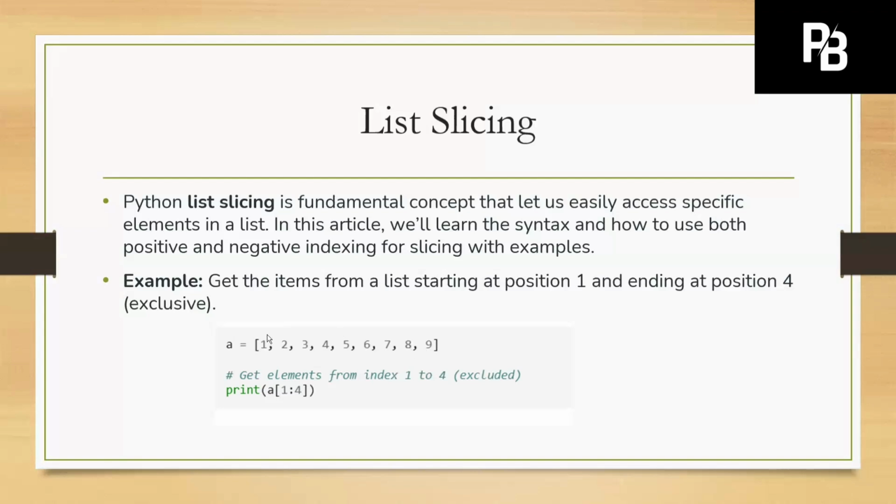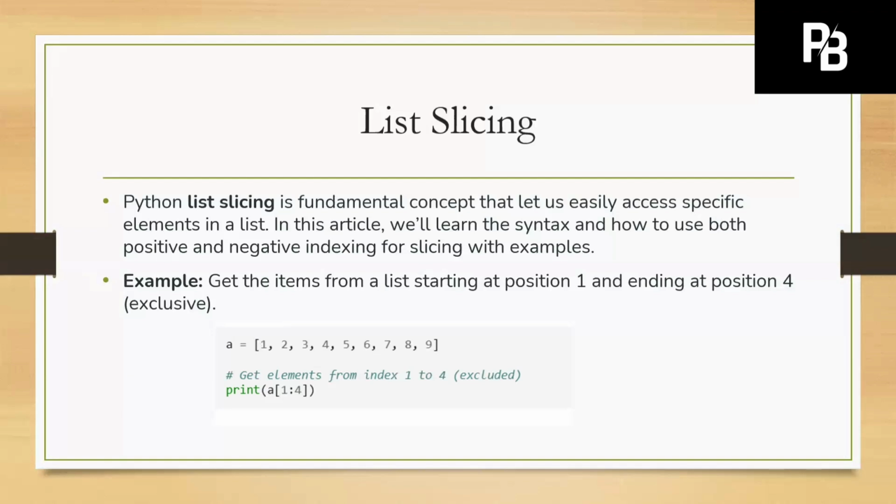If you check in a forward direction, that is positive indexing. If you check in a backward direction, from here, that is -1, -2, -3, -4, -5, -6, -7, -8, -9. In that way we have negative indexing or backward indexing, you can say. Okay, so this is the way the indexes are placed.